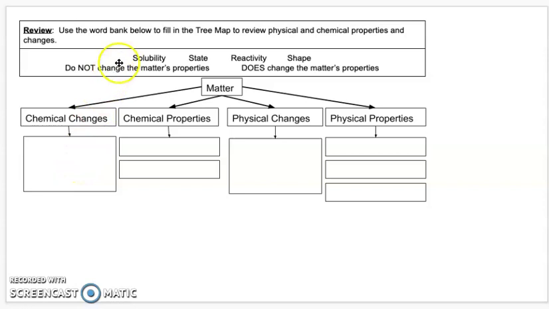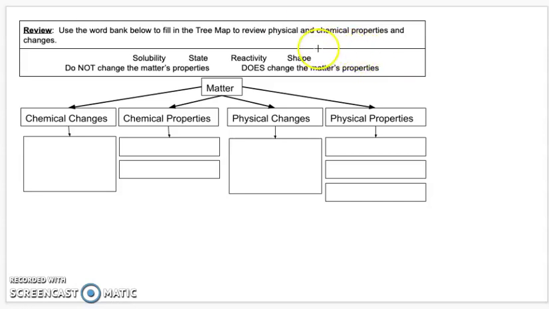So your word bank: solubility, which column does that go in? State, reactivity, shape, does not change the matter's property and does change the matter's property. The one that didn't get copied correctly, that isn't up here, that is going to be an option for you, is flammability.